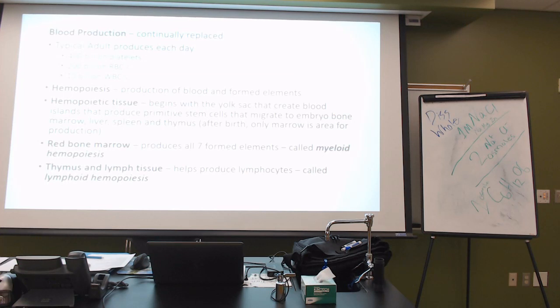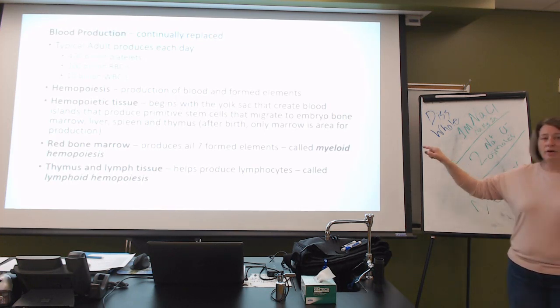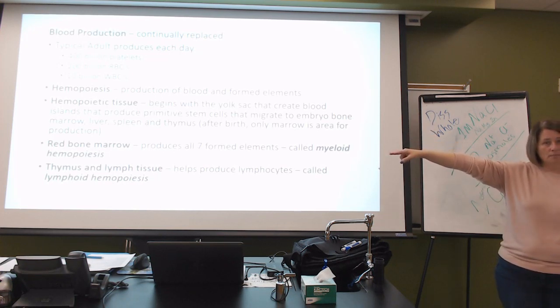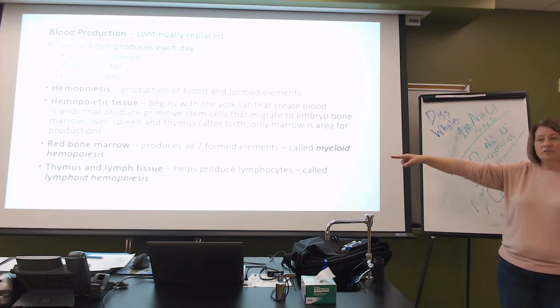Stem cells don't know what to do until they receive the chemicals that tell them what to do. So as embryos are forming, as we are turning into the offspring, the islands migrate to the bone marrow of the offspring, to the liver, to the spleen, and to the thymus.